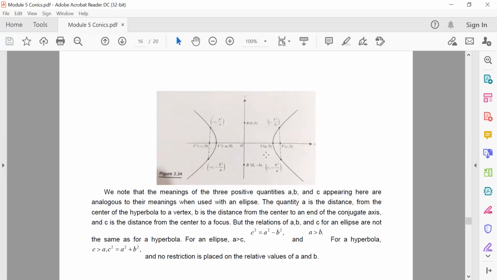Yung coordinates nila is just the same sa ellipse. Ang vertices, we have (a, 0), positive or negative a, 0. For foci, positive, negative c, 0. Ito kasi, ang transverse axis ay nasa x-axis or ang major axis niya. Okay? Tapos ang b, ganun pa rin. 0, positive, negative b. Kasi ang minor axis ay nasa y. Okay?